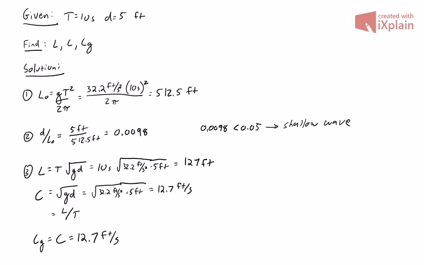However, the actual wavelength L started off at 512 feet in deep water, then went down to 378 feet in the transitional period, and then dropped all the way down to 127 feet in shallower water. You can also see that the single wave celerity and group celerity started off far apart, but as we got shallower and shallower, they got closer together.